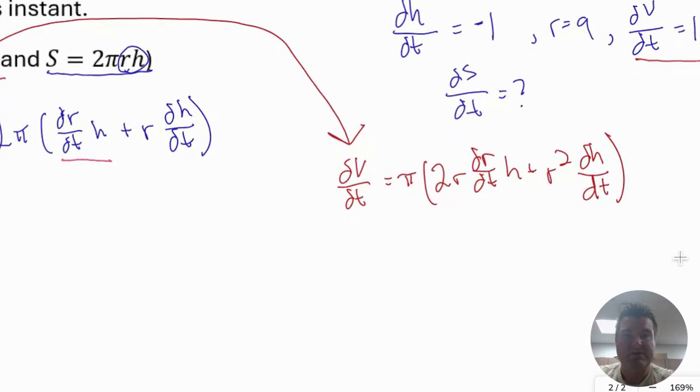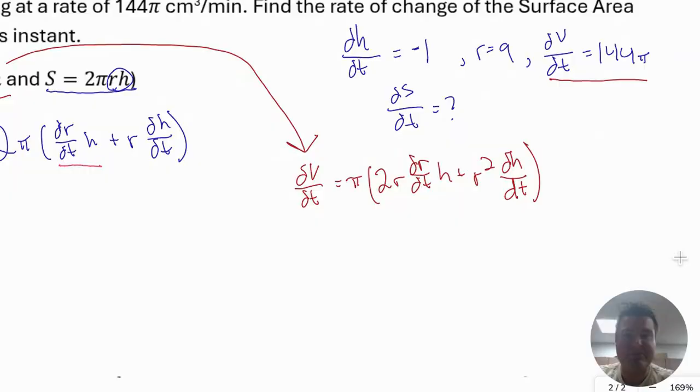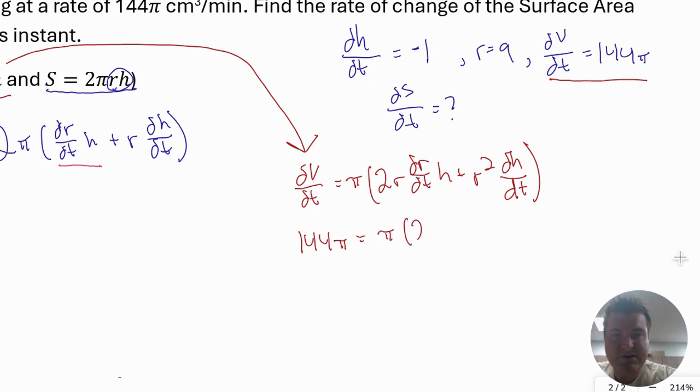Okay, so from here I'm going to plug in some of my givens. So I have the 144 pi, then I have pi times 2 times r, which is 9, and then I have dr/dt times h, I don't have those, plus r squared, which is 9 squared, times dh/dt, which is -1.